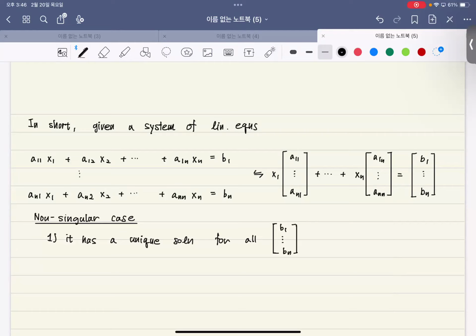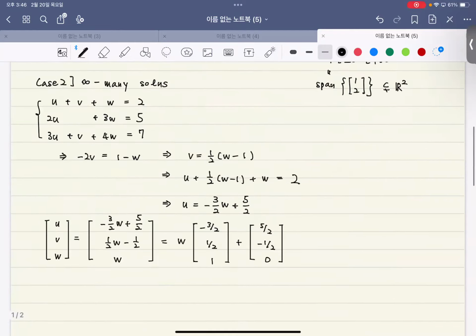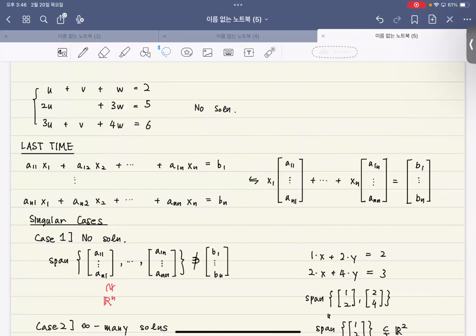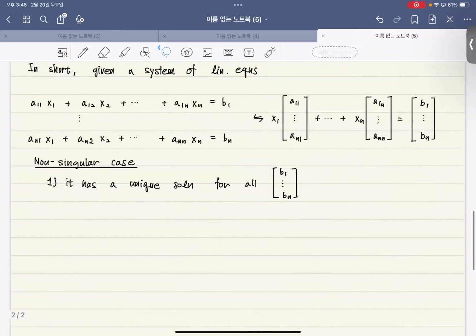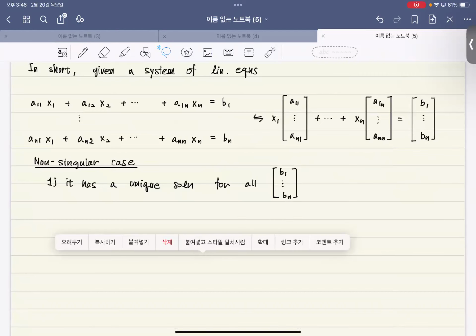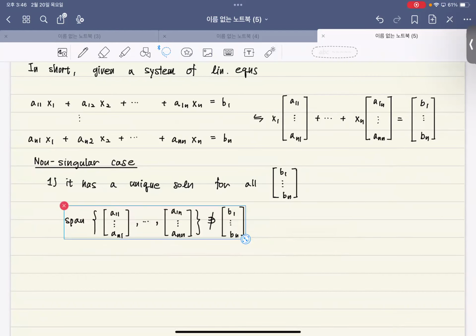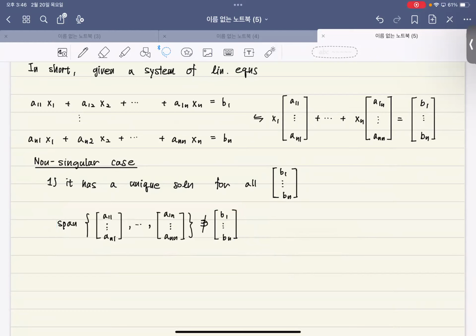So when is it true? This is true only if, oh yeah, I've never mentioned the linear independence. Okay, good. The n vectors are independent.